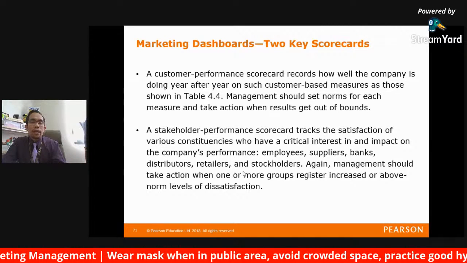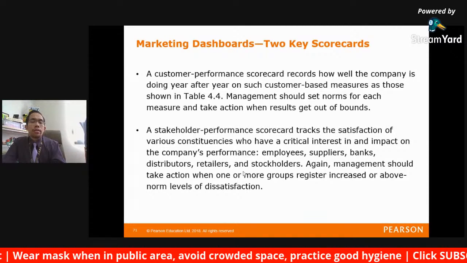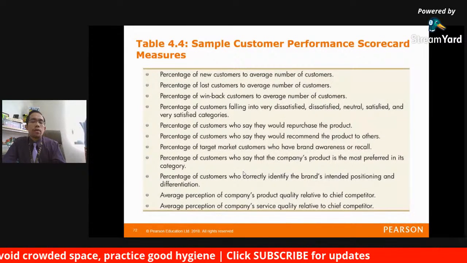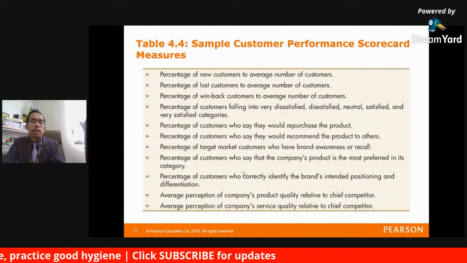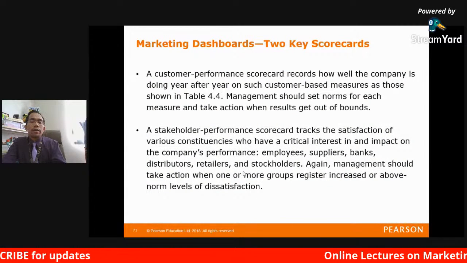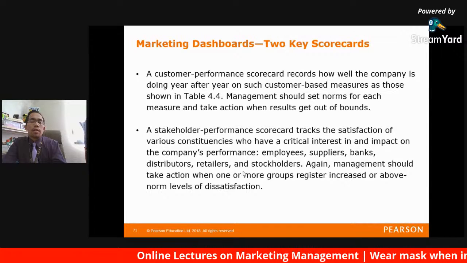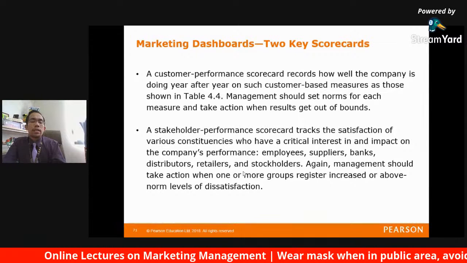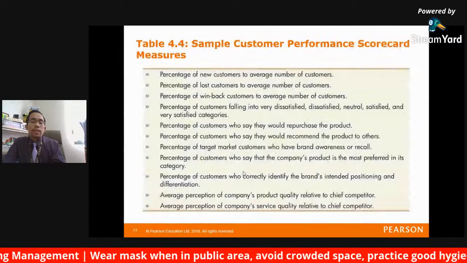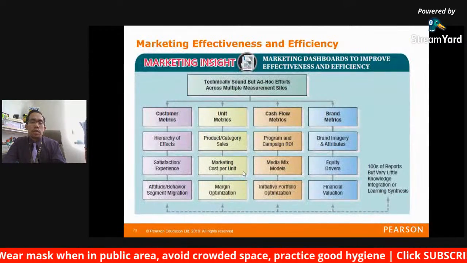As you can see, we talk about the customer, here: percentage of customers, average number of customers. Another one is the stakeholder performance scorecard, which looks at critical things related to the employees, suppliers, and other things close to the company or your business.